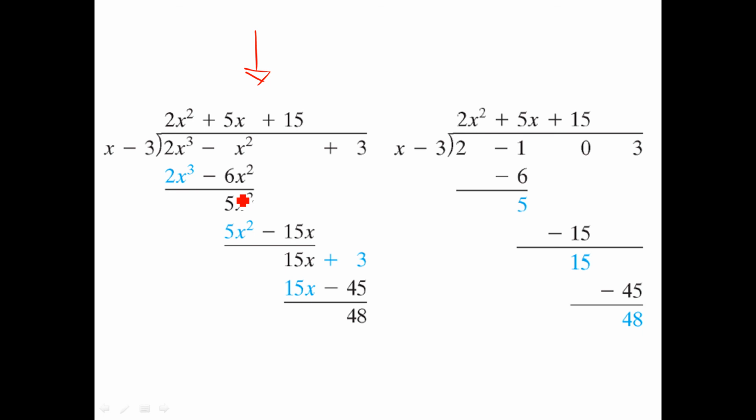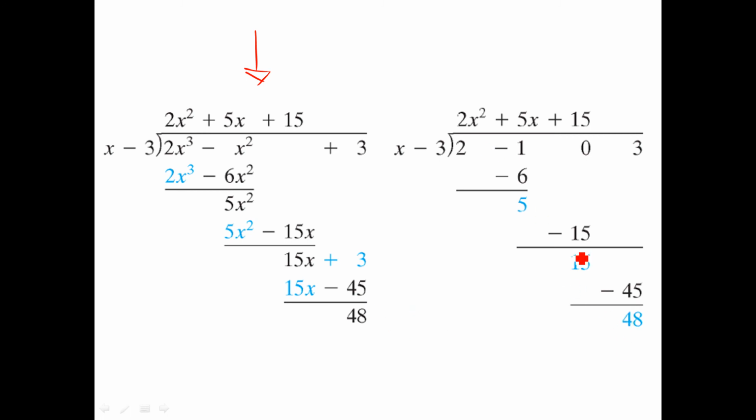We multiply it and we subtract down. Take a look over here. We've written out the negative 6 but without the x squared, the minus 15 without the x, and the negative 45, which doesn't have an x to begin with, but we're going to write that also.